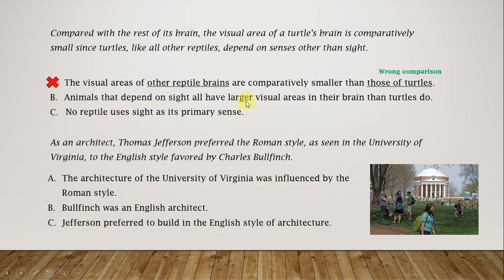B. Animals that depend on sight all have larger visual areas in their brain than turtles do. In the sentence, only reptiles are mentioned, so we can't infer this from the sentence. So this can't be the correct answer either.